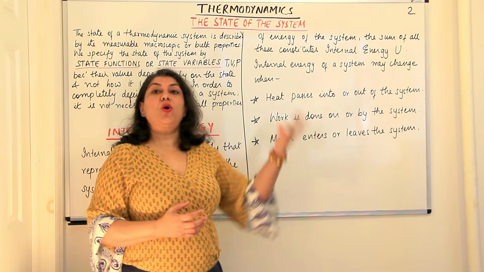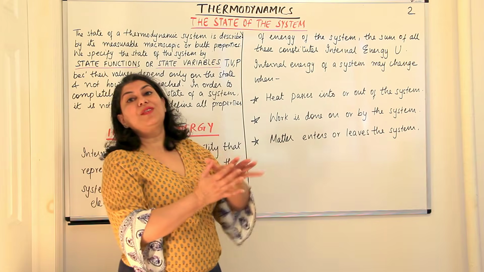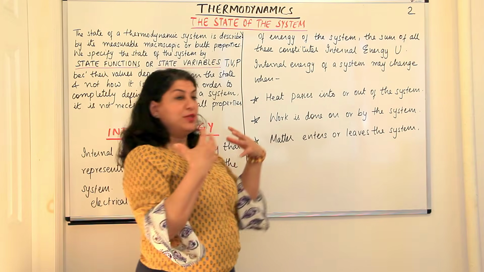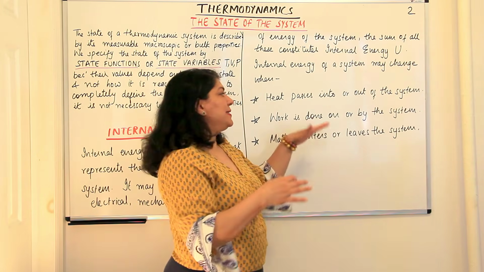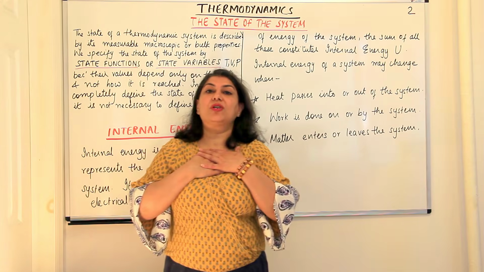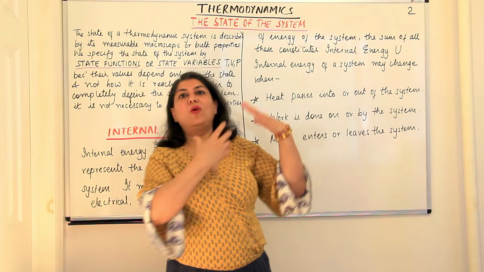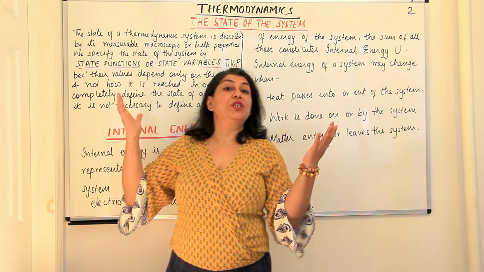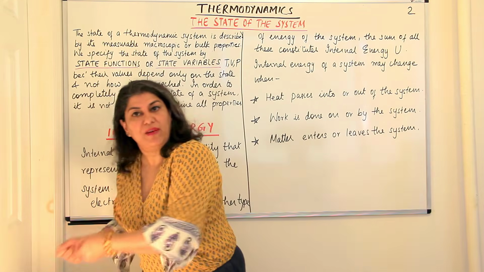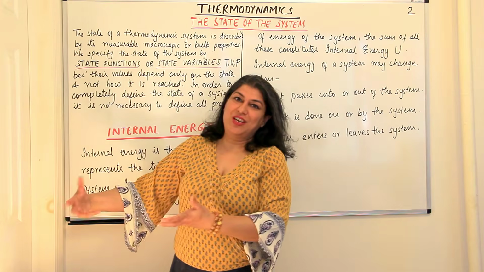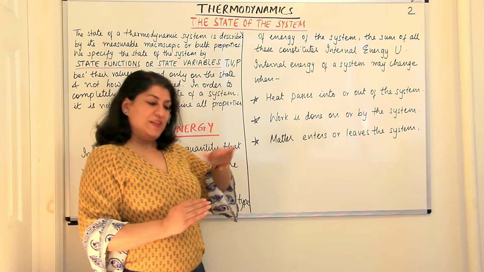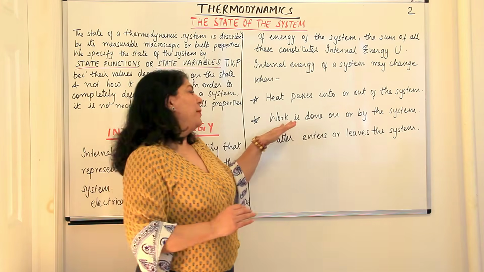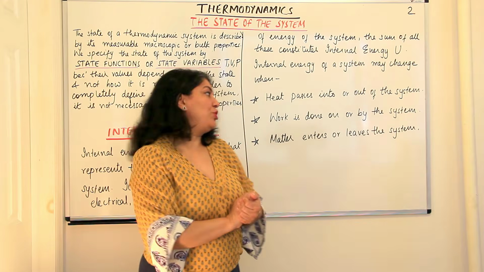When something works on the system, the energy of the system goes up. And when the system is doing work, its energy goes down. Take it always as yourself. If someone is working for me, my energy would increase. But if I have to slog and work, I'm losing energy. So the internal energy can go up or come down by an exchange of work too.